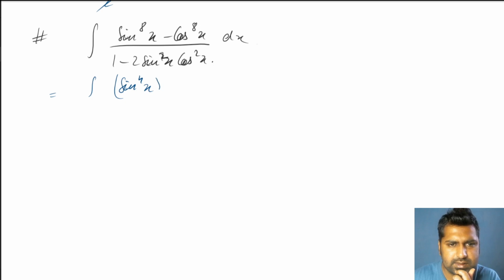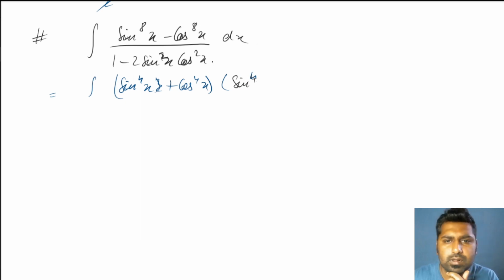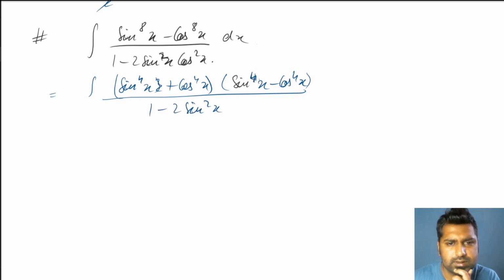So that is a plus b, a minus b, upon 1 minus 2 sine square x cos square x.